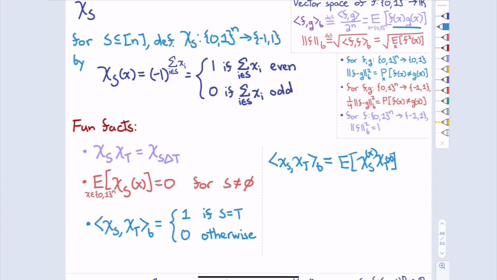Now what? You guys have the tools. The case where they're the same is easier, because for every x, the two values will both be 1, or both be negative 1. Multiply will always be 1. Okay. But what about when they're different? But they're multiplied, so we can't.